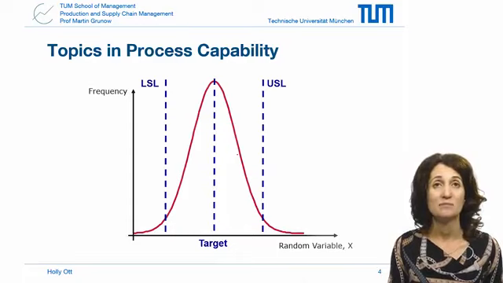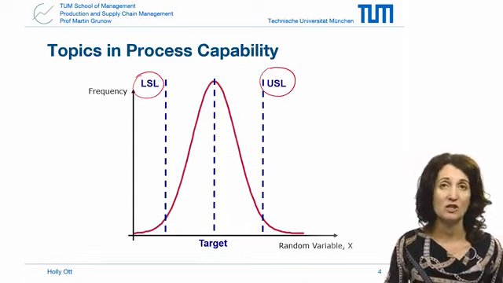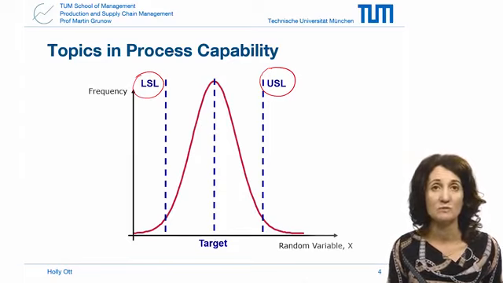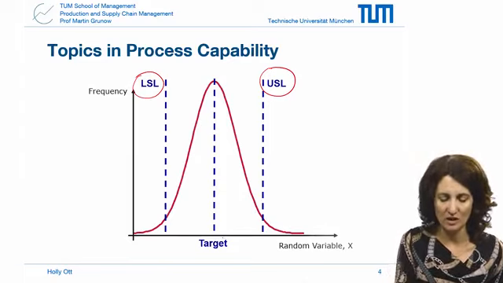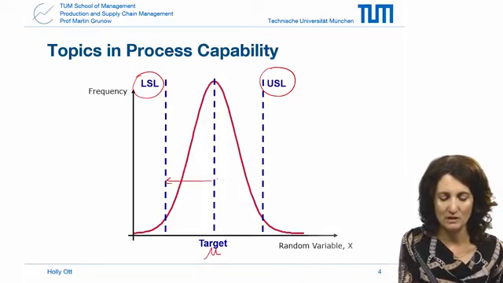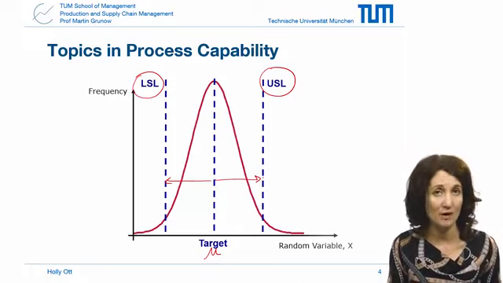When we look at this population model with respect to specification limits, our lower spec limit and our upper spec limit, we can come up with the idea of capability. So here we're assuming that our process mean is equal to the target, which is the midpoint between the upper spec limit and the lower spec limit. And a process that produces all of its units within the specification is said to be capable.